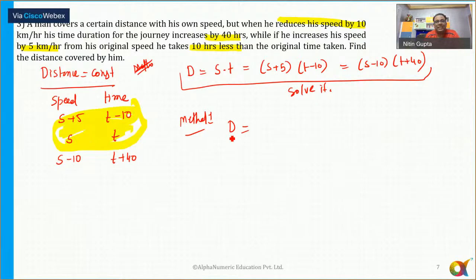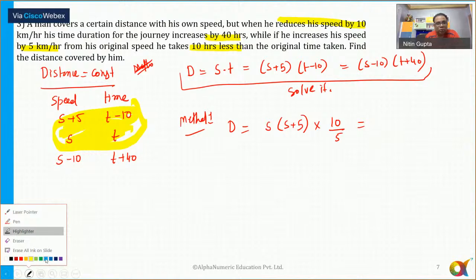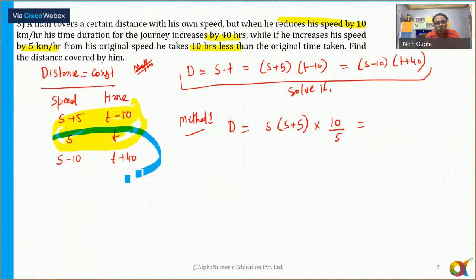You can say distance equals s into s plus 5, the product of speeds, into the change in time, which is 10, upon the change in speed, which is 5. In the same way, for the second case, if I take these 2, in one case the speed is s, in another it is s minus 10.